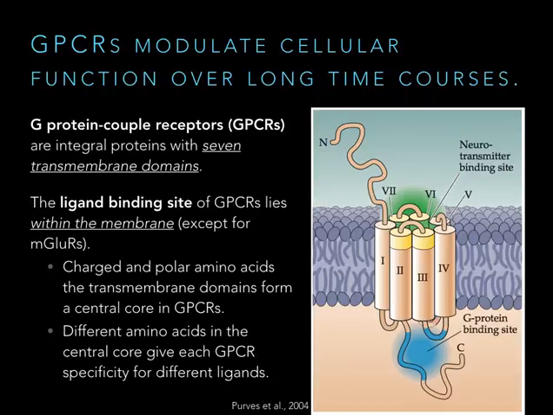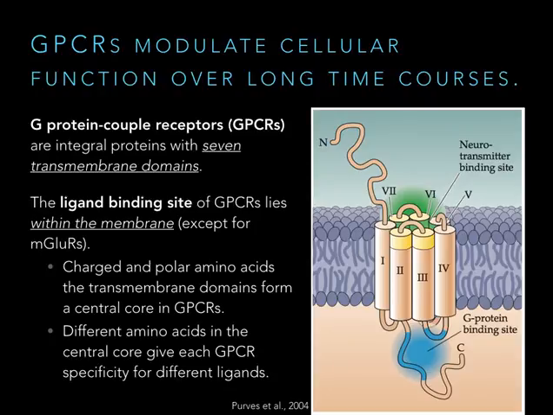G proteins are going to be discussed in greater detail in subsequent lectures, but you should understand that a G protein is a protein that binds a guanine nucleotide. Depending on whether it's binding GTP or GDP, it's going to either be active or inactive. This G protein will act on some target within the cell.